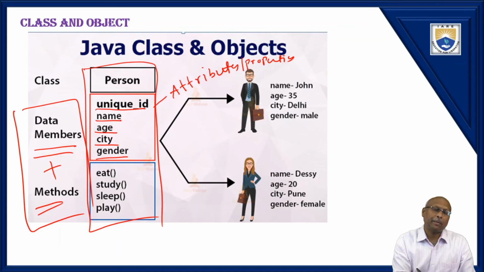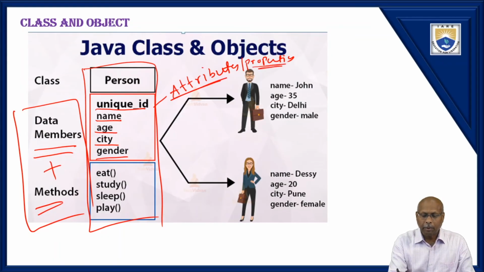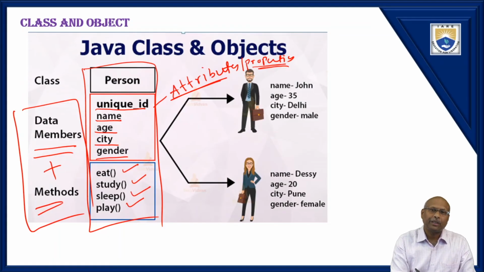So these are called data members of the person, or attributes of the person, or properties of a person. Similarly, what the person can do: a person can eat, study, sleep, play. They are the operations, or methods, what the person is doing. They are called methods, or actions, or behavior.